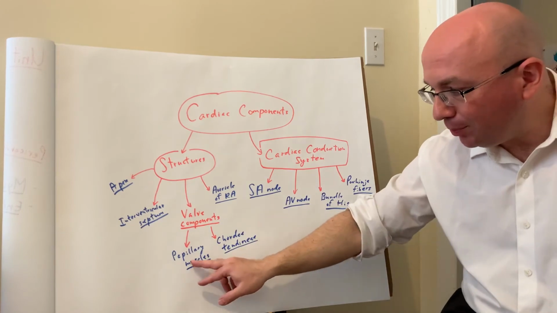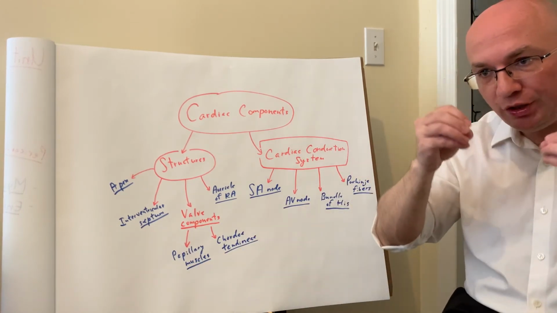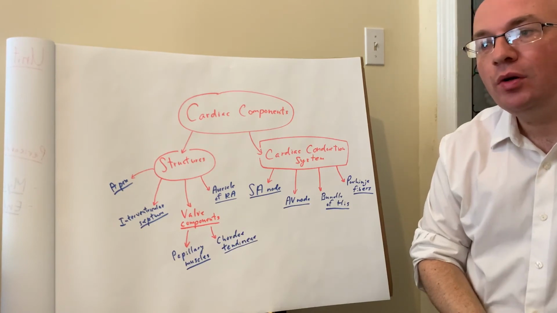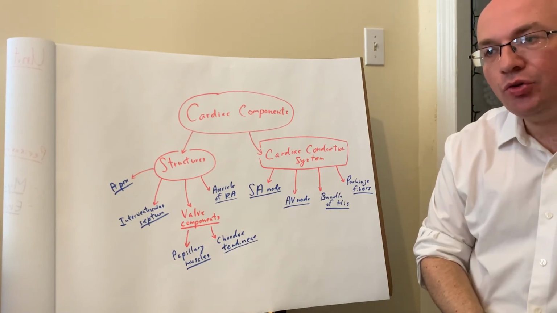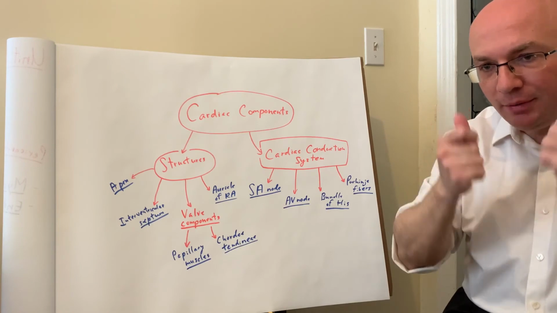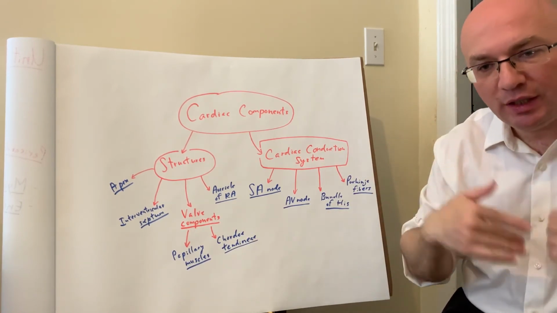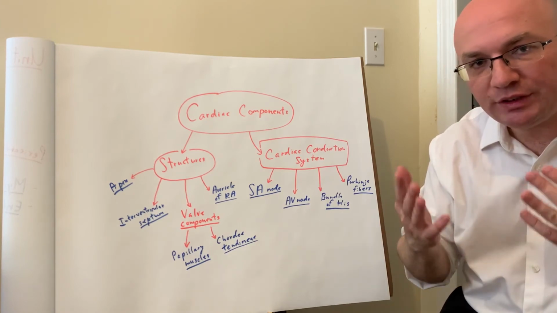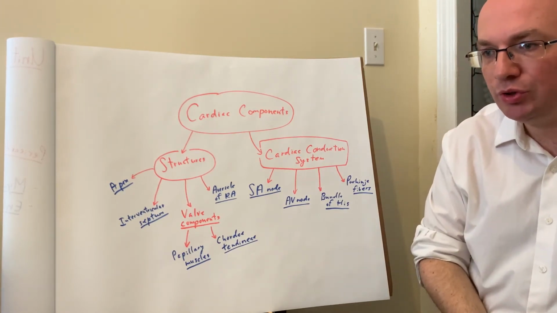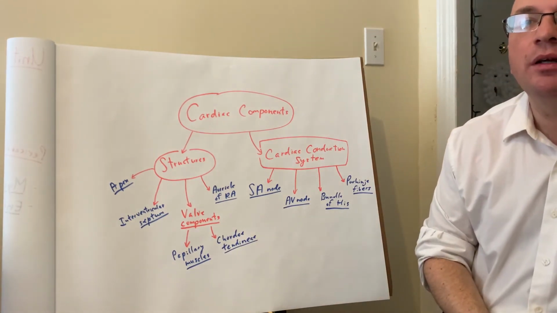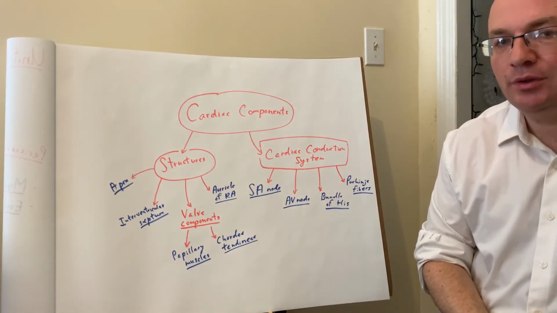The muscles are called papillary muscles, and those little strings are called chordae tendineae. Essentially, when the papillary muscles pull on the chordae tendineae, which are connected to the flaps, it allows the valves to open and close as the blood is passing through. Again, this is only found in the tricuspid and the bicuspid or mitral valves.